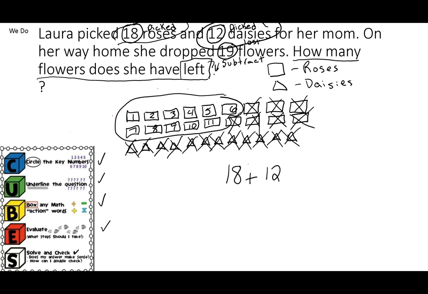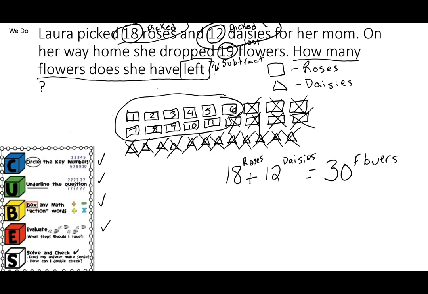So the 18 roses and the 12 daisies give me a total of 30 flowers, because roses and daisies are all flowers, right?